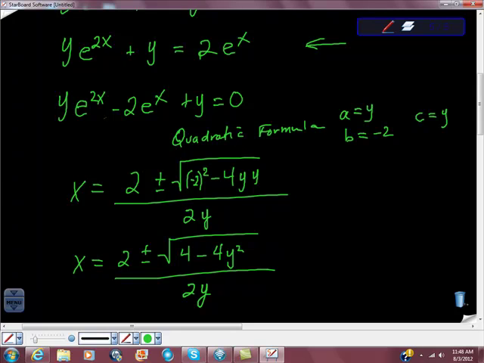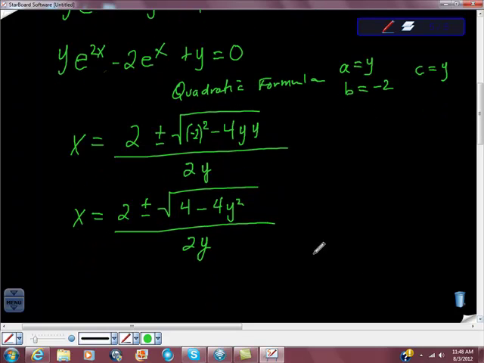I'm going to do a little bit of algebra inside this radical and factor out a 4. I'm going to take out this 4 and say it's 4 times 1 minus y squared, isn't it?